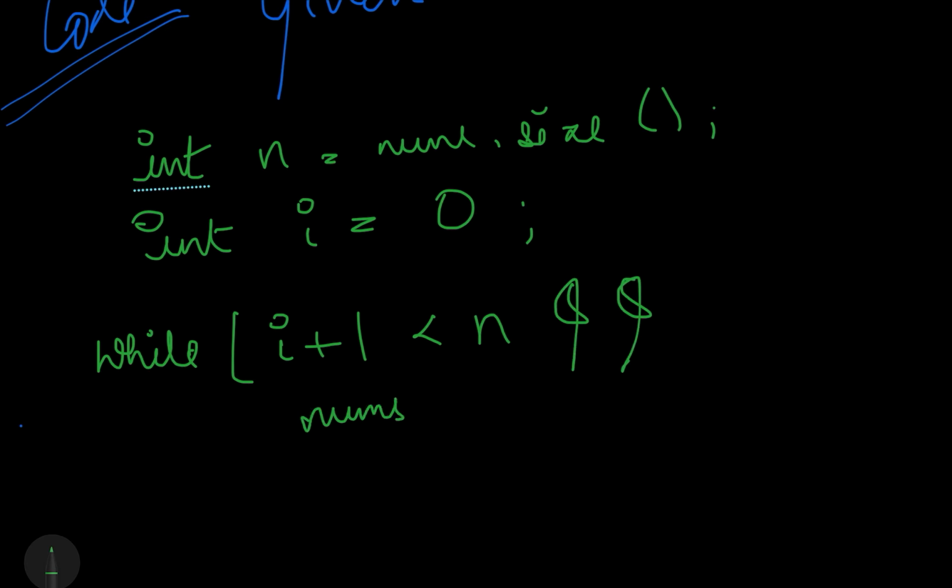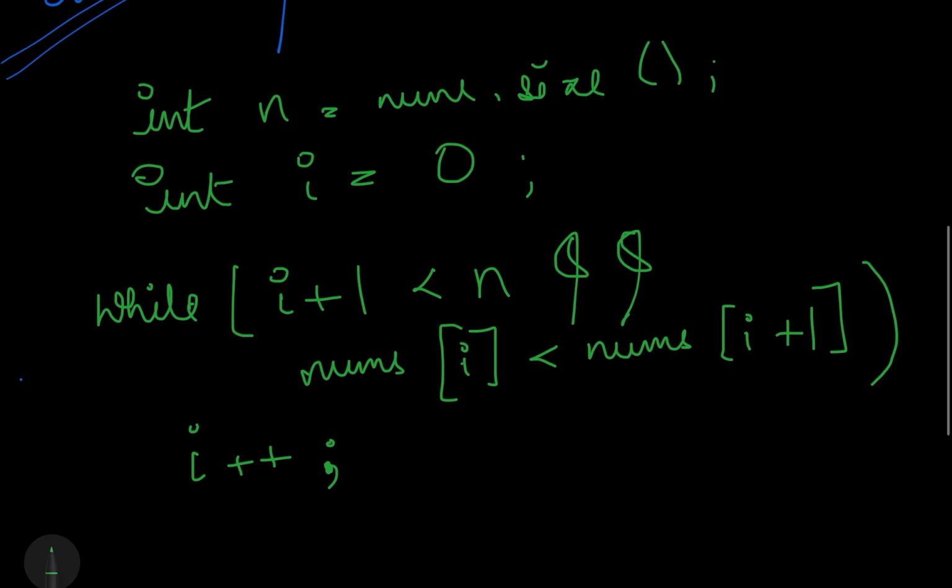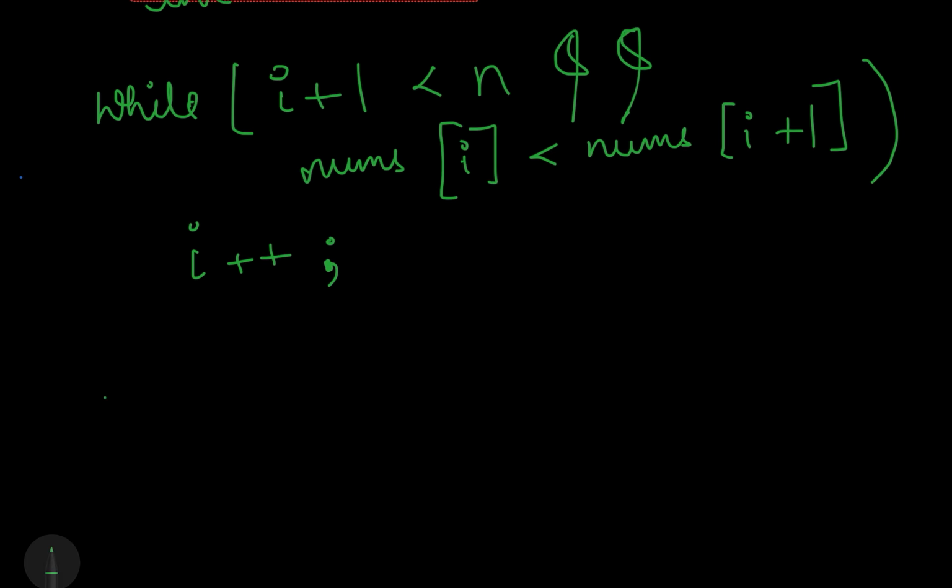We'll run a while loop to check if nums of I is strictly smaller than nums of I plus 1. Then only it will be increasing, and we'll run a counter. After this loop finishes, if we have no element, it would have gone till n.